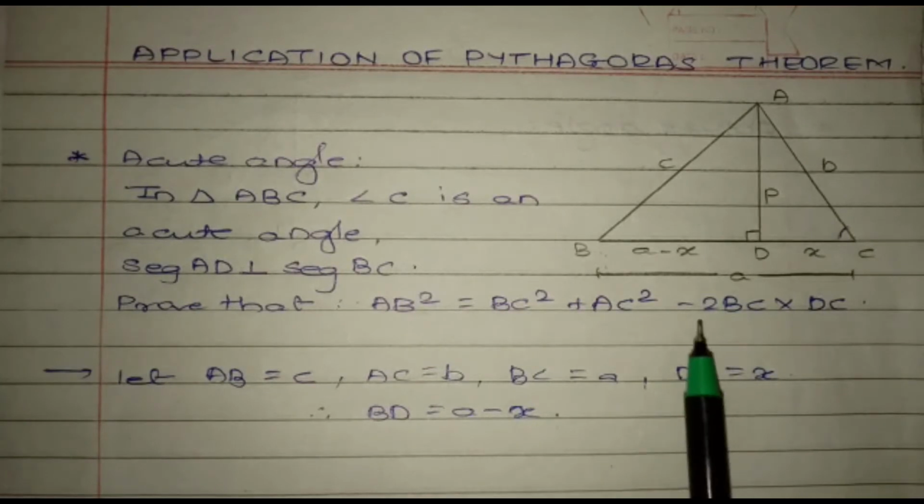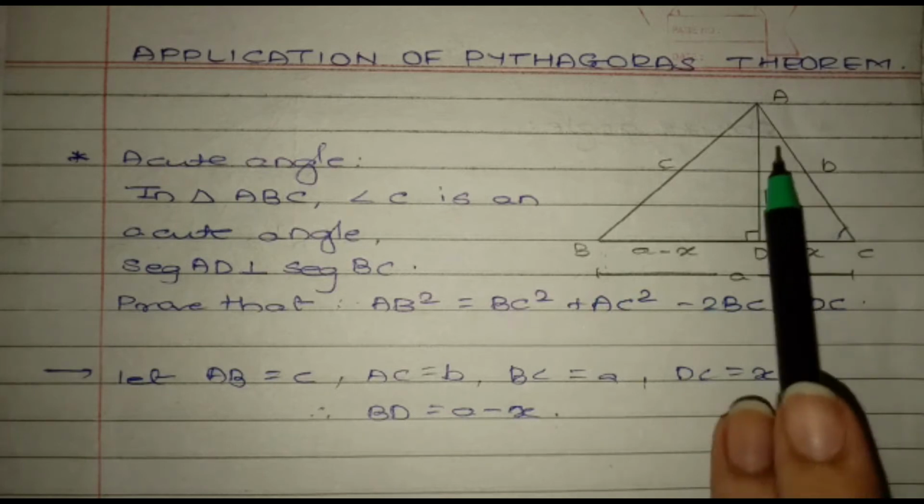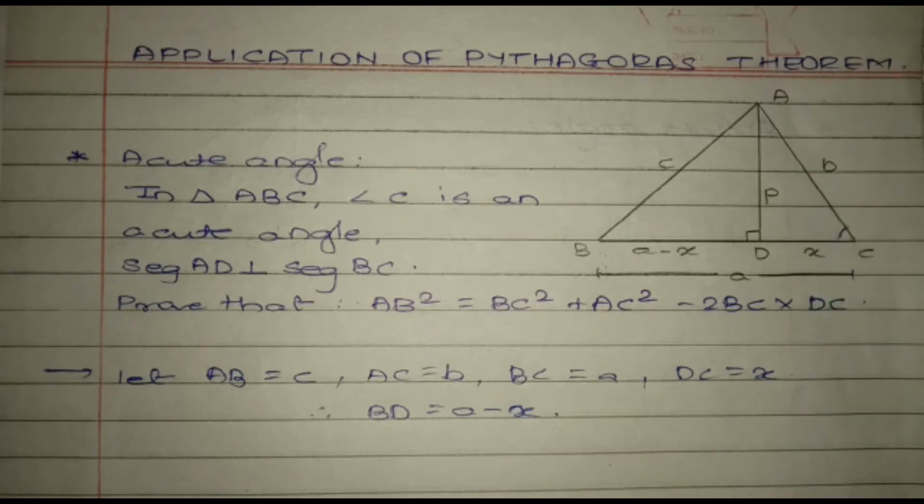Now we are going to consider two right angle triangles, that is triangle ADB and triangle ADC, and use Pythagoras theorem. Then we will get two equations which we are going to add.